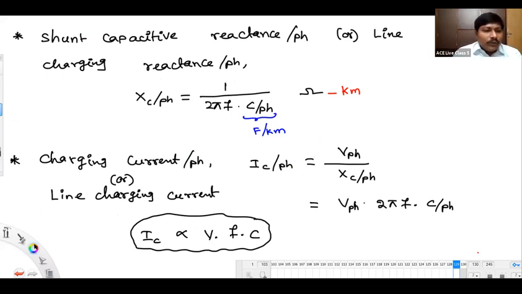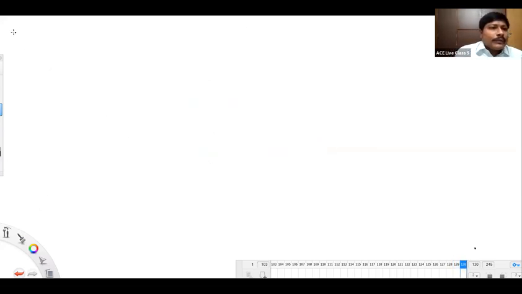Let's move to the next term, that is the reactive power delivered by the transmission line, Q delivered by the transmission line.